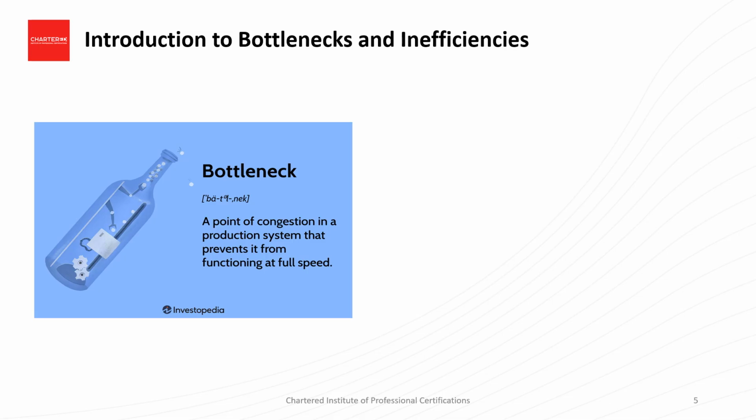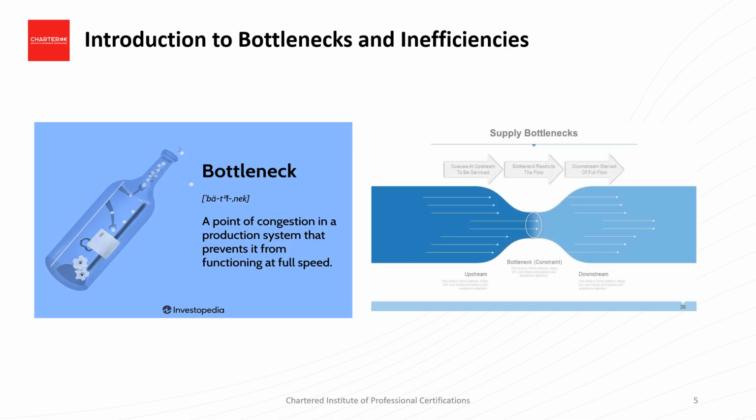As a result, bottlenecks can have negative implications for the overall supply chain performance. When a bottleneck occurs, it disrupts the smooth flow of materials or information, leading to delays in delivery, increased lead times, and potential stockouts.